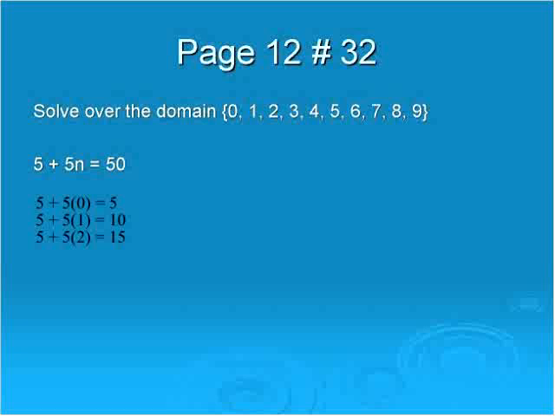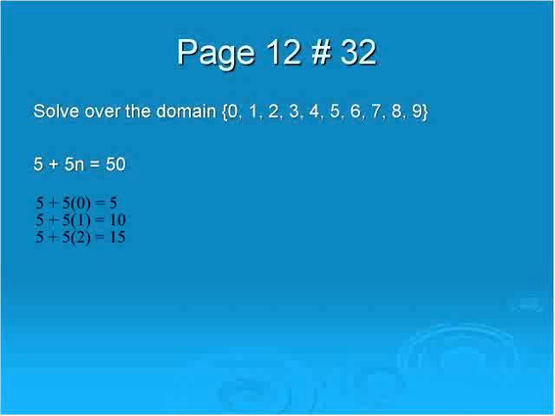Alright, so you see what I'm doing here. I'm just plugging in the numbers from the domain, or from our set. 5 plus 5 times 0. 5 times 0 is 0, plus 5 is 5. 5 times 1 is 5, plus 5 is 10. 5 times 2 is 10, plus 5 is 15.